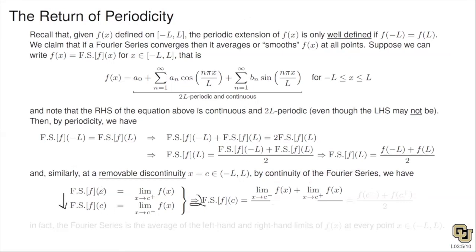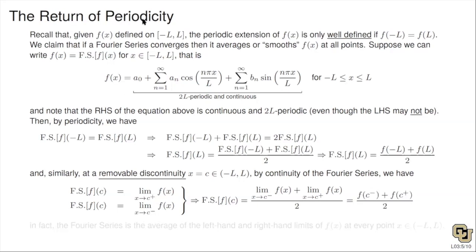Fourier series of f at c plus Fourier series of f at c is 2 times the Fourier series of f at c, equal to the sum of the right-hand limit and left-hand limit on the other side, and then divide by 2. And so now we see at the removable discontinuity, the Fourier series, which is a continuous function, will actually average. It'll average the limit from the left and the right and divide by 2.